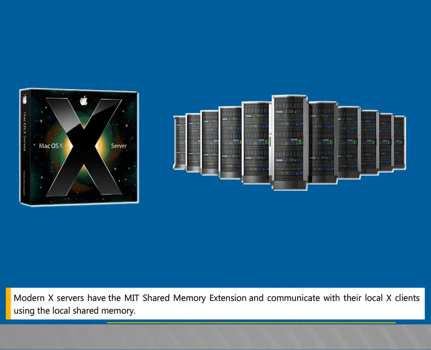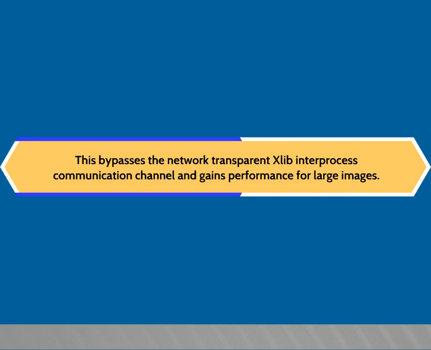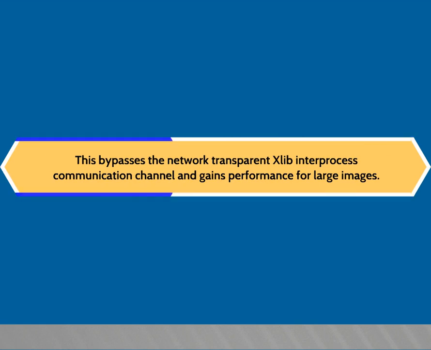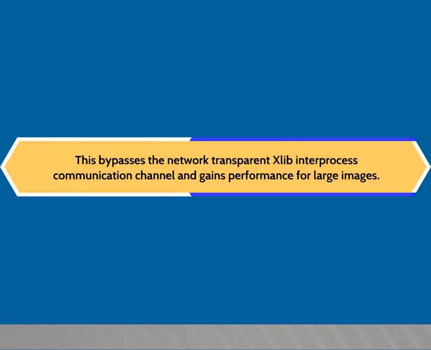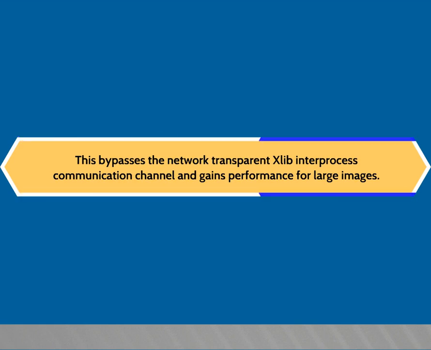Modern X servers have the MIT shared memory extension and communicate with their local X clients using the local shared memory. This bypasses the network-transparent Xlib interprocess communication channel and gains performance for large images.